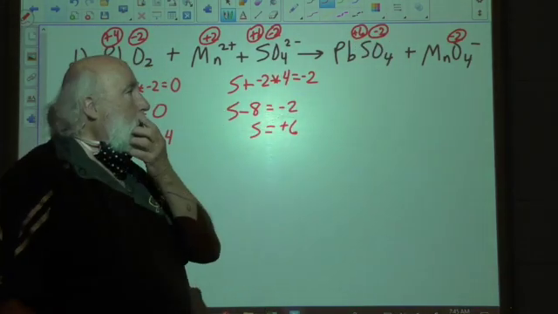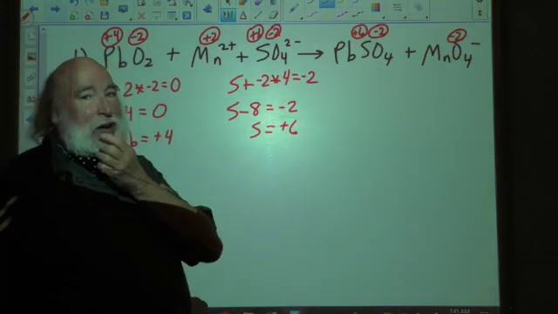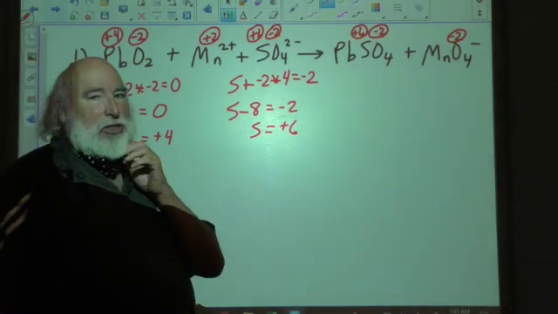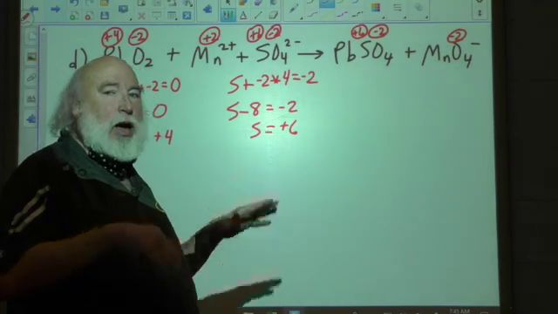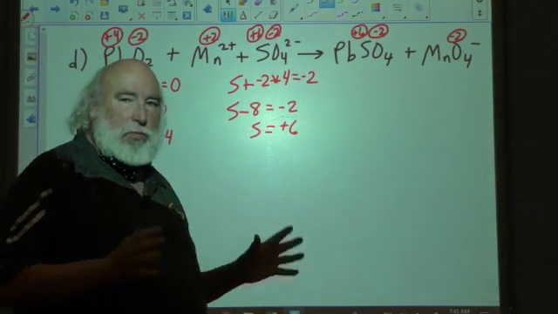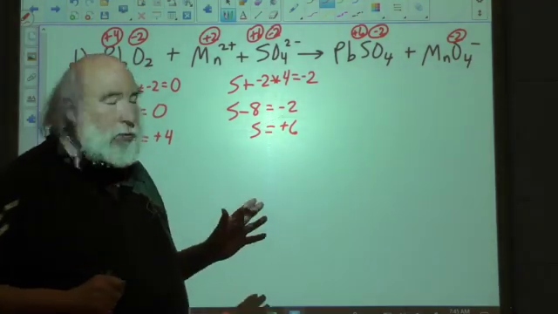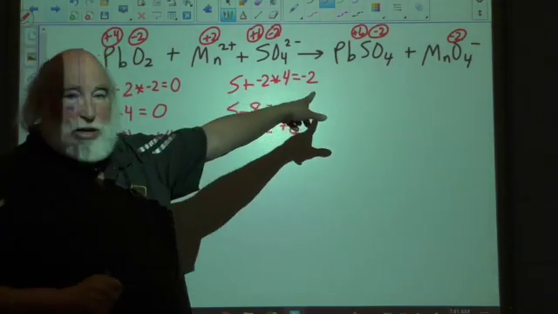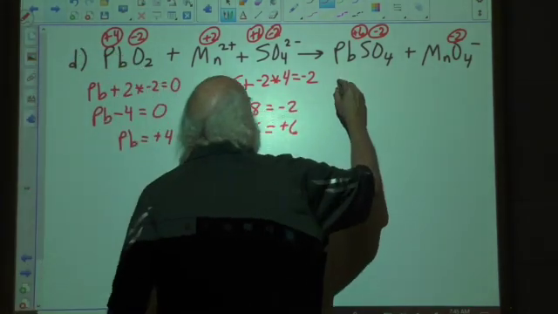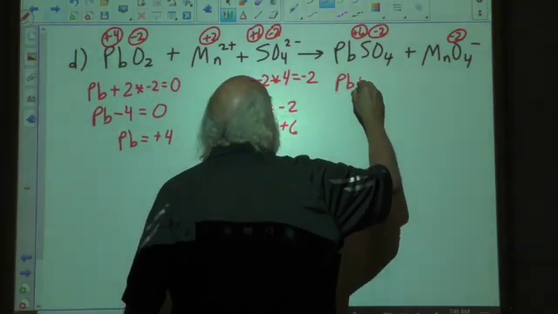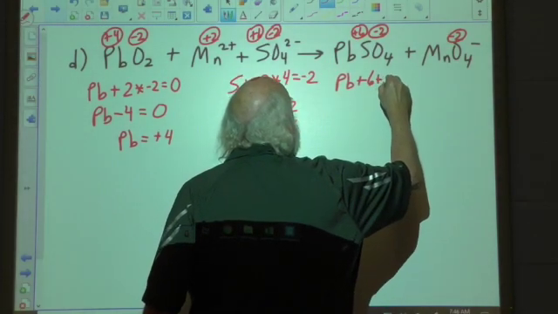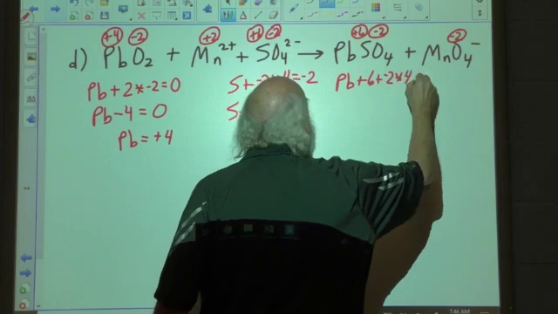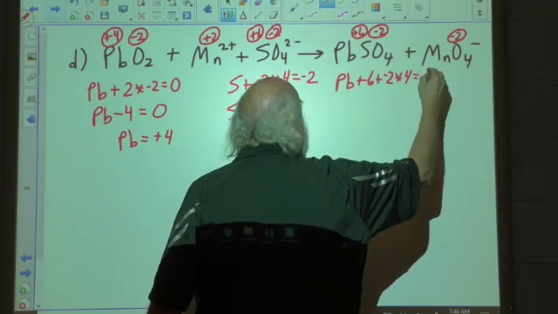Okay? So when you identify the same polyatomic ion, its oxidation numbers are going to be the same. If it's exactly the same polyatomic ion, the oxidation numbers of all the components will be the same on both sides. Okay? What we don't know is lead. So this is Pb plus 6 plus -2 times 4 equals no charge for this, 0.